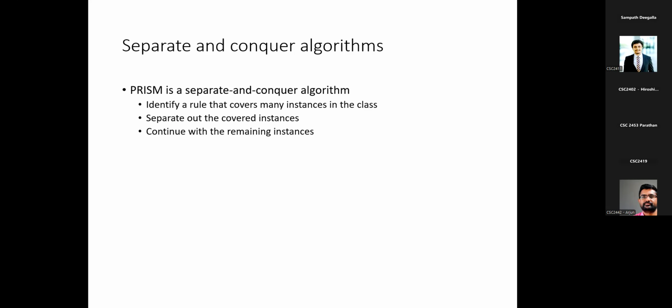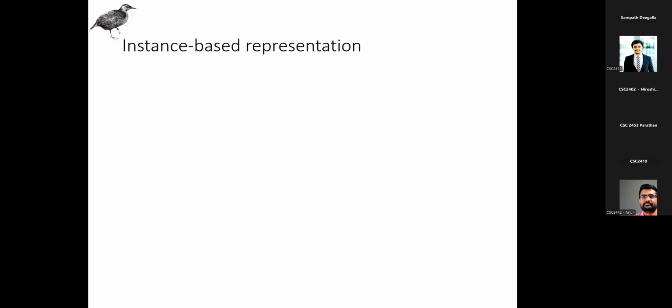So in the next one, what I'm going to discuss is another machine learning algorithm or paradigm, which we call instance-based representation. Instance-based representation means that we are not going to create any model as such, like what we have seen earlier. For example, classifiers like 1R gave a single level decision tree.